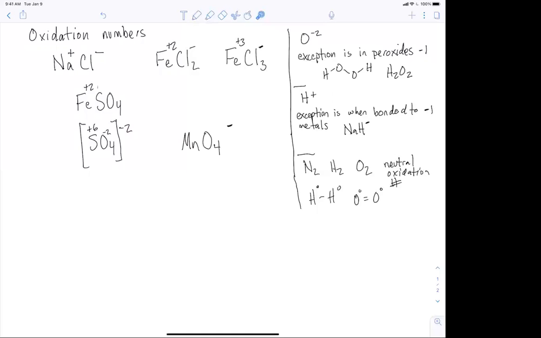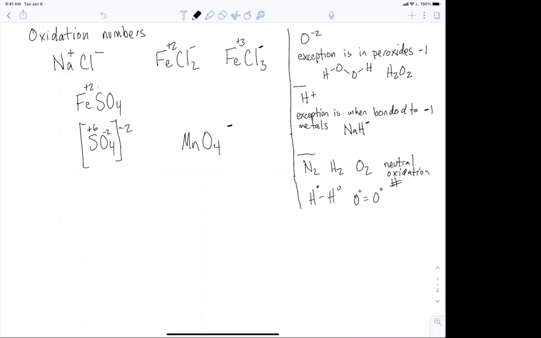So this negative applies to this whole molecule, or this whole compound, or whatever you want to call it. We know that the sum of the individual oxidation states, on oxygen and manganese, must sum up to -1. All I have to remember is that oxygen is typically -2, and that allows me to set up a pretty straightforward equation.